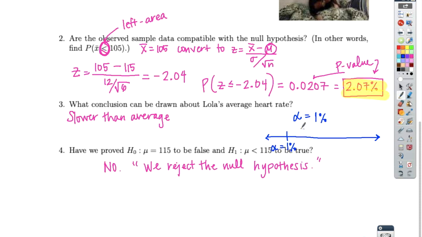It's basically saying anything to the right, anything over here is okay. Even 2%, even though it's pretty low, 2% is still in the realm of okay. If you get anything less than 1%, anything over here, that is not okay. So that's where you would reject your null hypothesis.